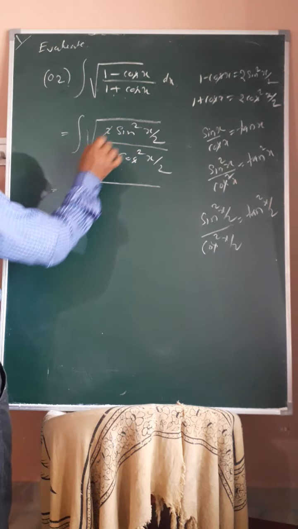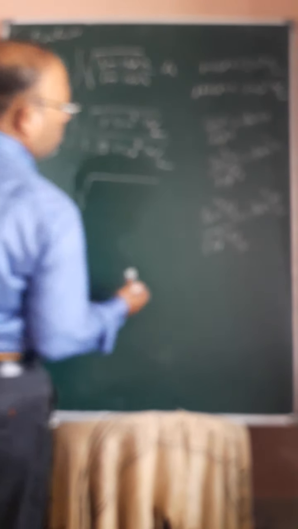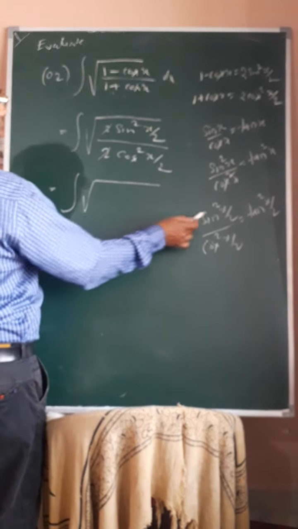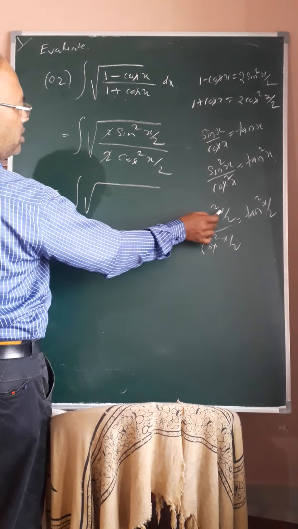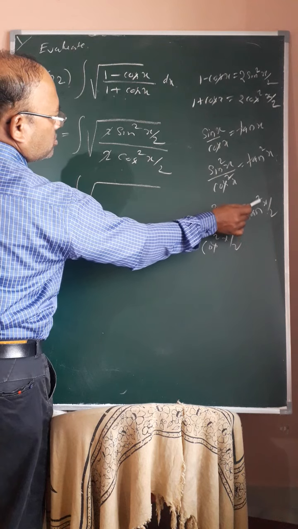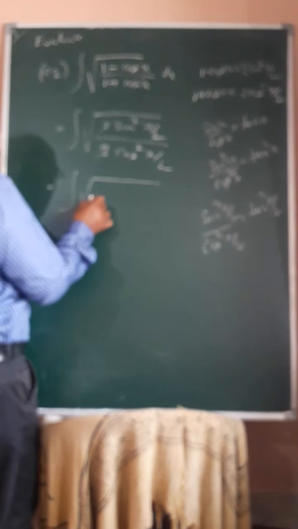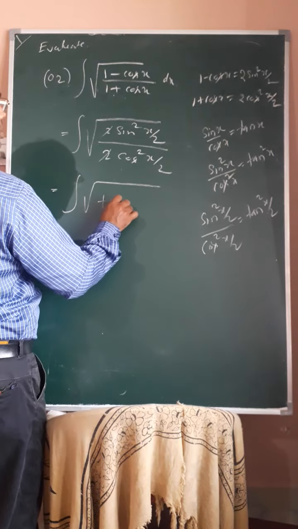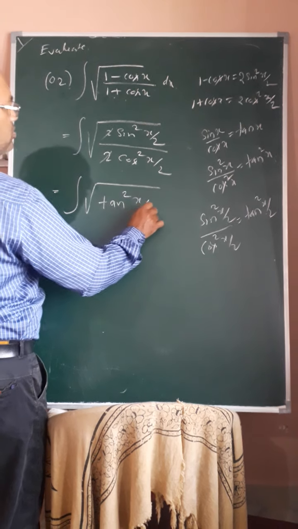So I will substitute this as tan x by 2. This is tan square x by 2. Sin square x by 2 cos square x by 2 is equal to tan square x by 2.